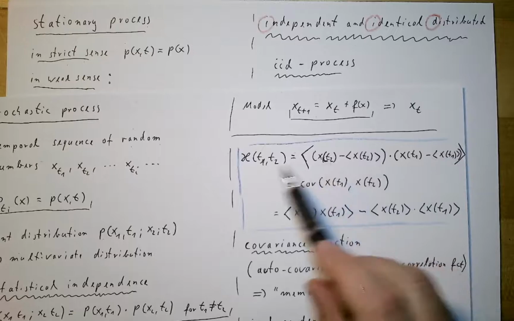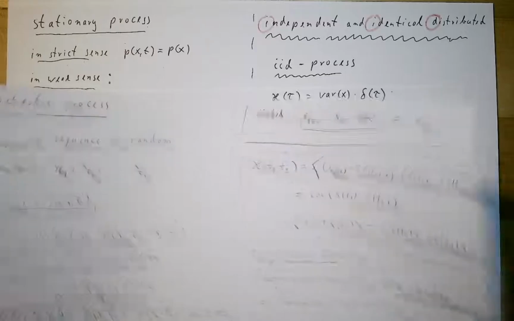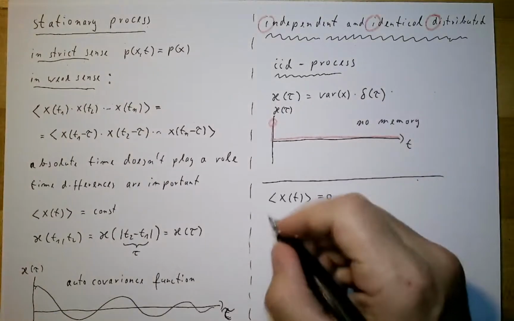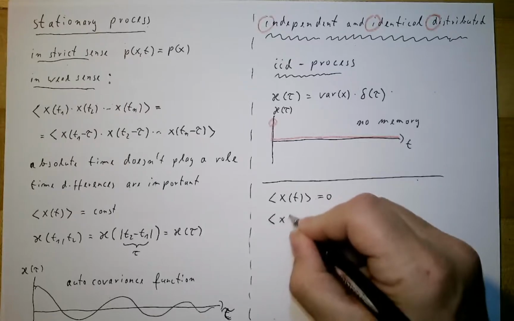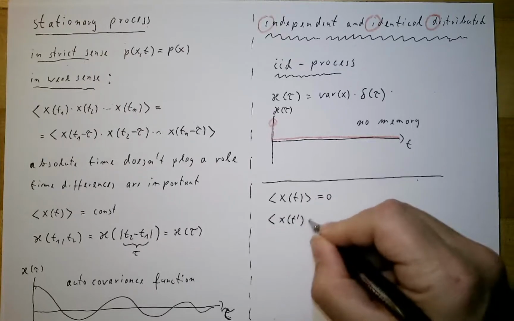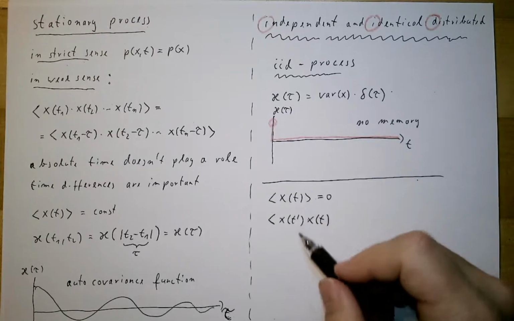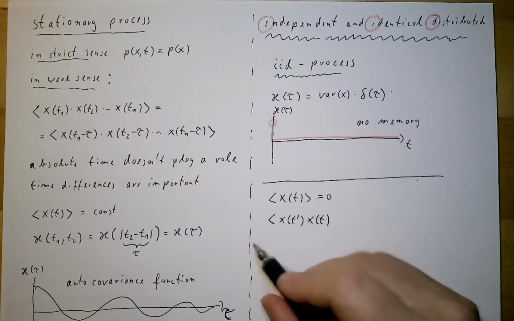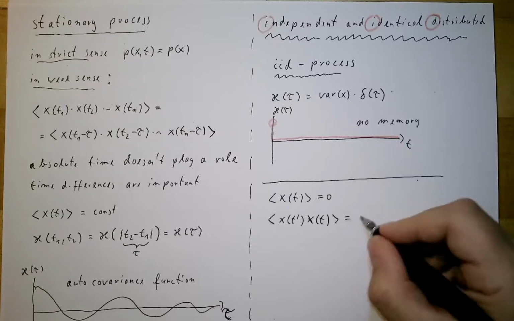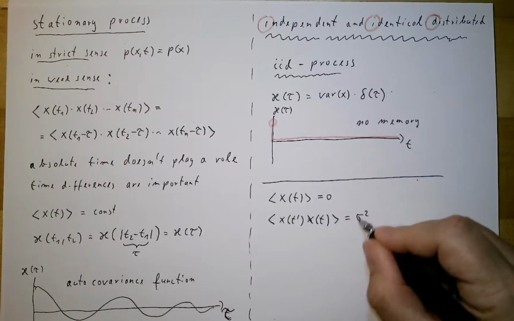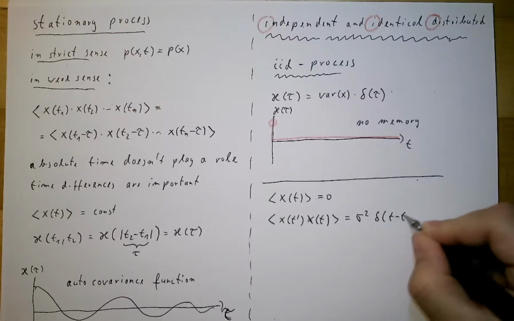So the covariance is just this product, x at time t prime times x at time t. Now I have written it as t and t prime, before I had x1 and x2, and so we have here the variance sigma squared times a delta function of t minus t prime.